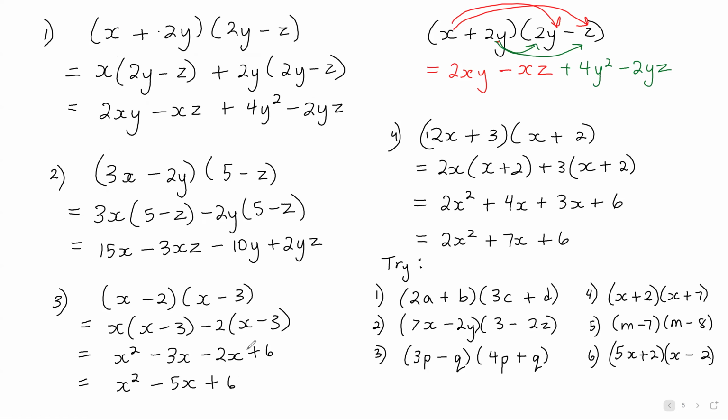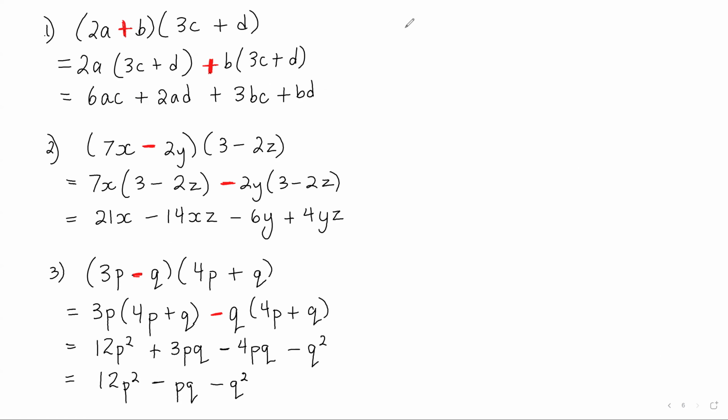Number 4, x plus 2 by x plus 7. This will be x times x plus 7 plus 2 times x plus 7. Notice again, I'm showing you this. It's x plus 2, so then here would be plus 2 as well.